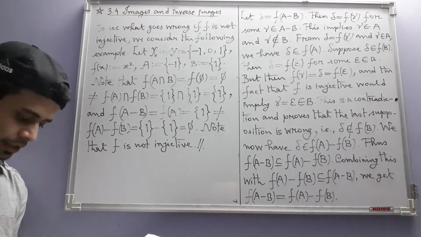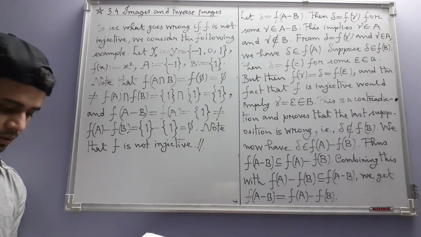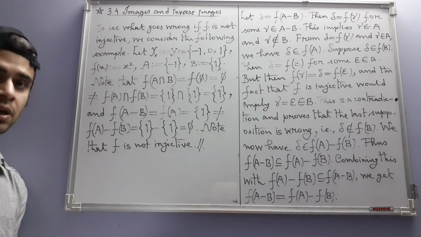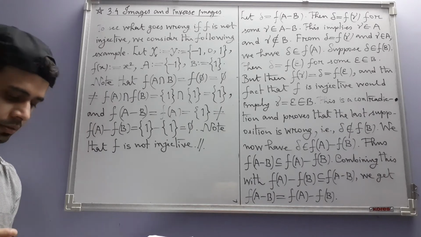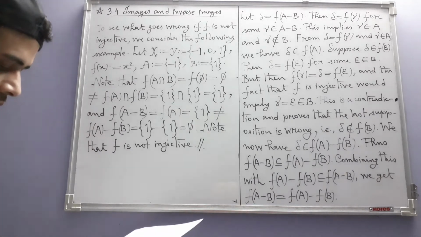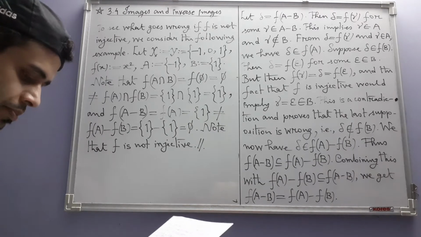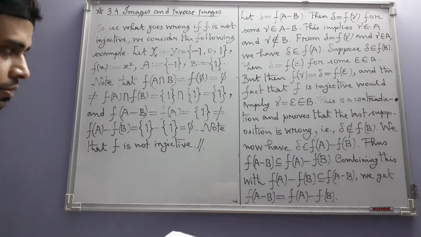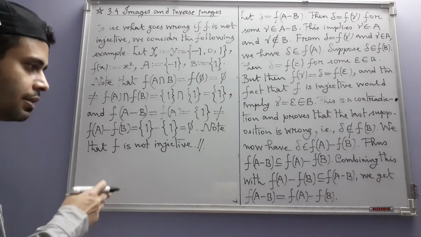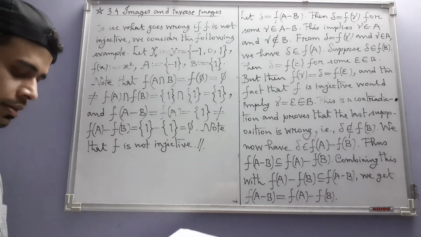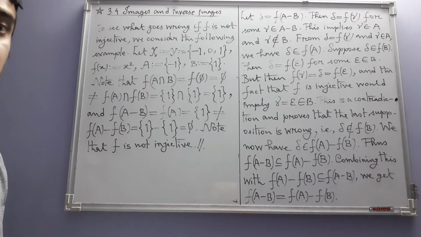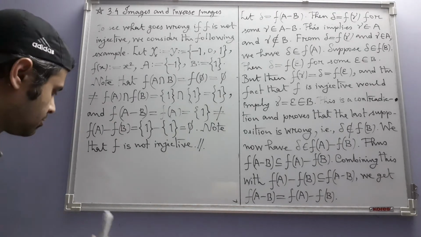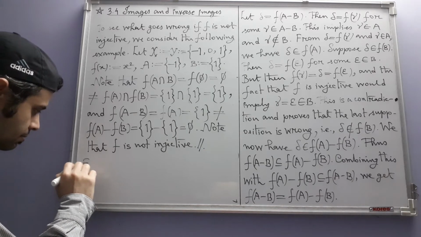However, the next one involves a similar exercise which is about the inverse images. I think I have already said this in the last video. Inverse images behave surprisingly well. There, whether you take union, intersection or difference, you always get equality, and that's what we are going to prove next. So this is the fourth one.